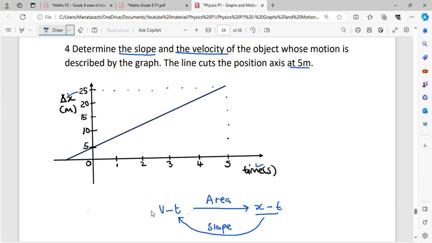To get to the acceleration from the velocity-time graph, you calculate the slope, and to work from the acceleration back to the velocity-time graph, you need to work out the area. So this is how you're going to approach this question. Now let's start with calculating the slope and the velocity.